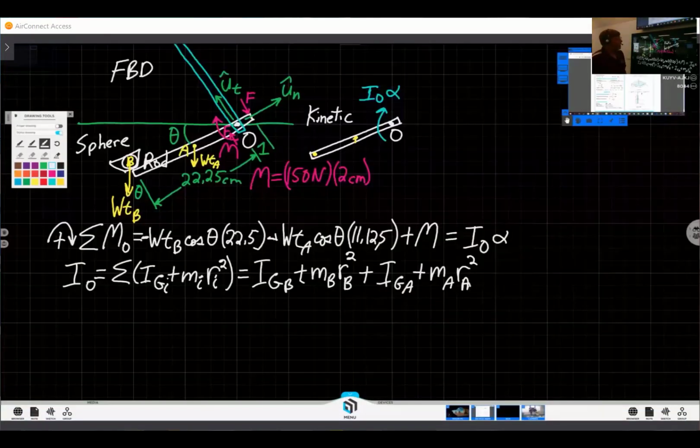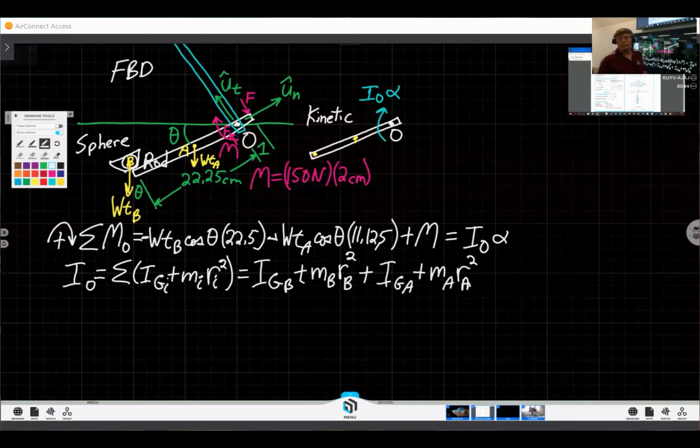One thing I don't think I put in the assignment sheet is the radius of your ball.